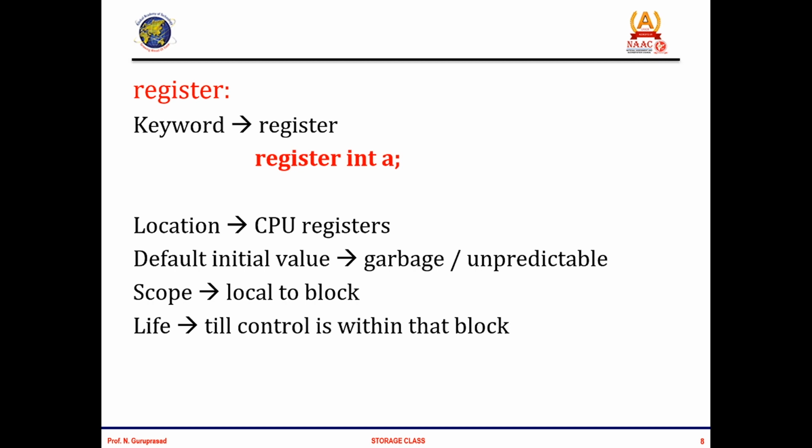That means when this storage class behaves like automatic, we really don't know whether it is going to be stored in memory or CPU registers. Usually, a few variables which are to be accessed very frequently in a program are declared with the register keyword, which undoubtedly improves the running time of the program.